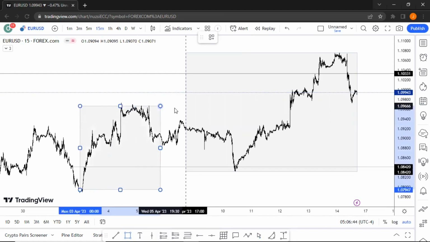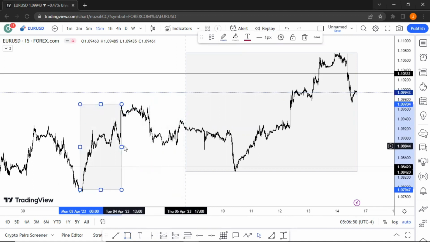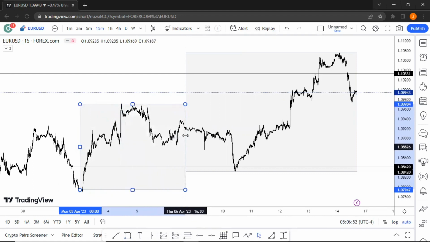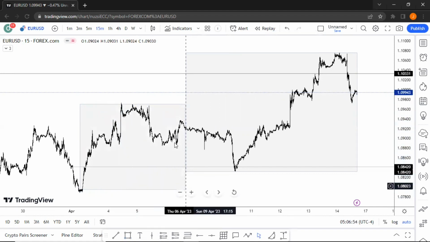So this was last week's price action here. From what we marked on the daily, we know that this is the rejection block here, and we're expecting price to use it as support to move towards the next major draw on liquidity.